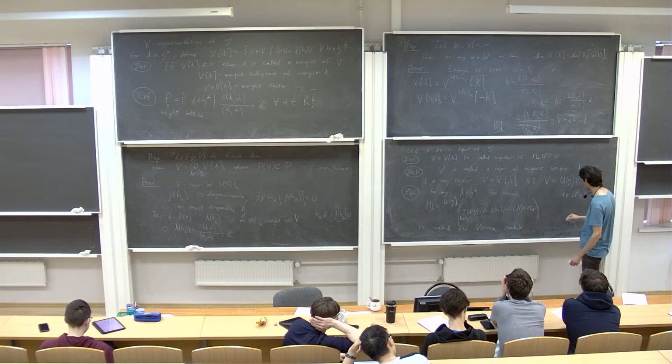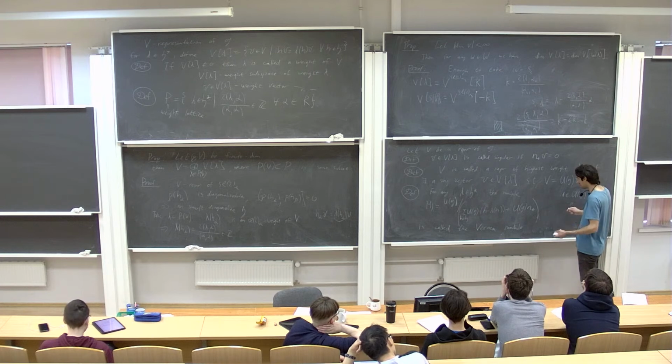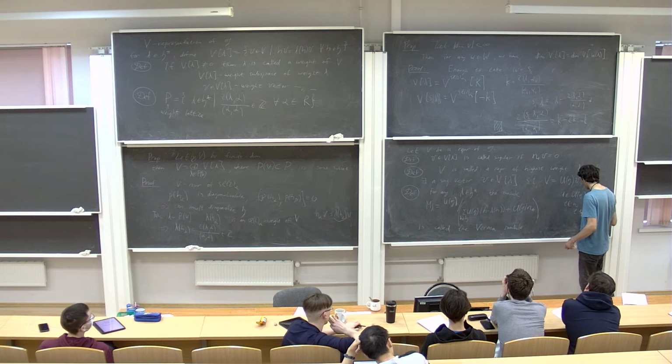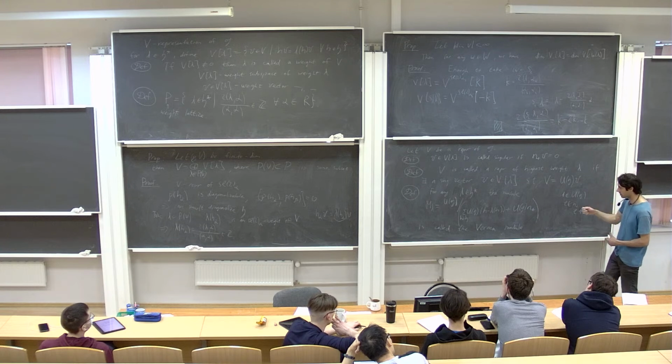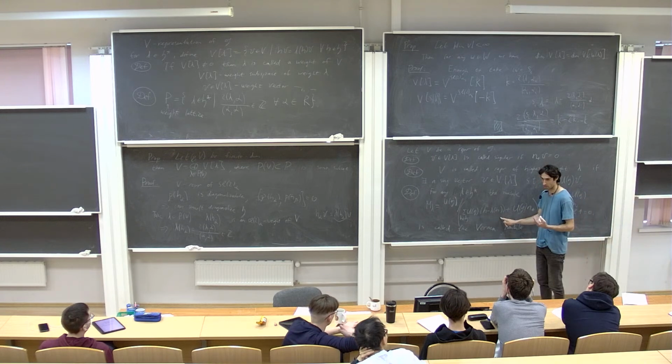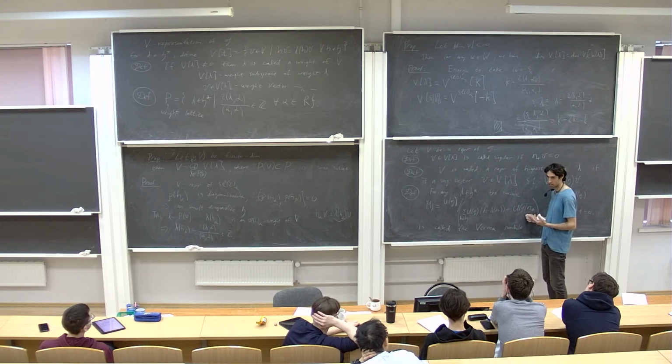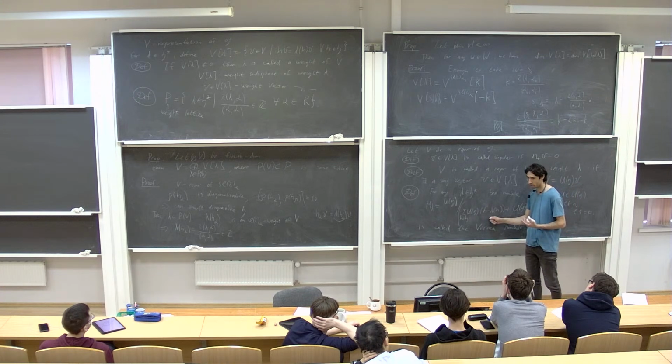So if I take 1 and apply some E from n plus, then E times 1 is 0. So it's singular, and this is why it's a weight vector. It's killed by n plus, and it has weight lambda, because acting by H and multiplying by lambda of H is the same.